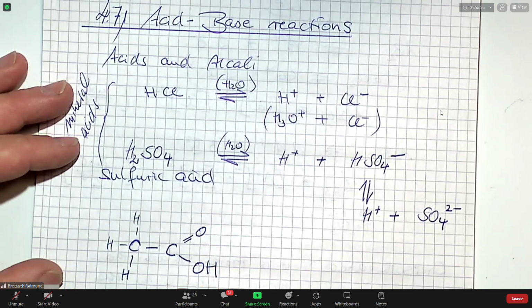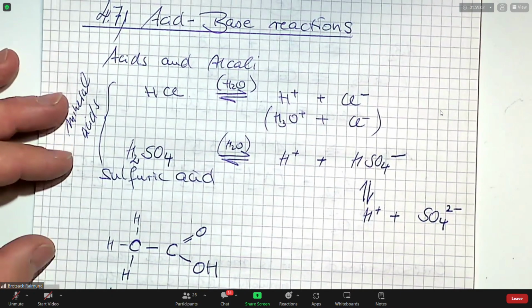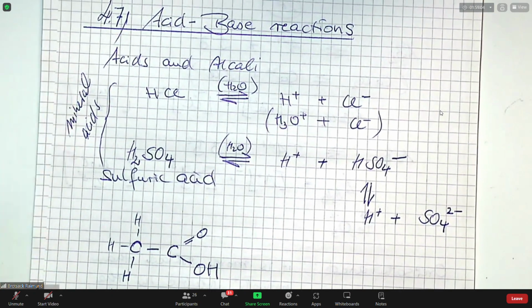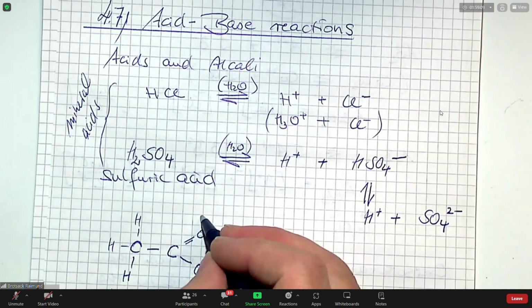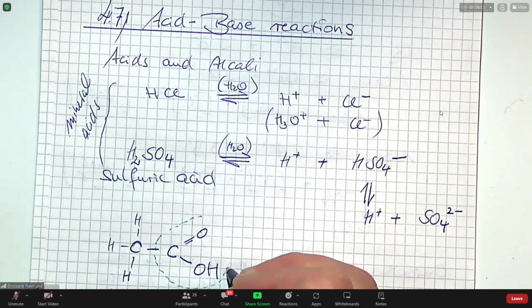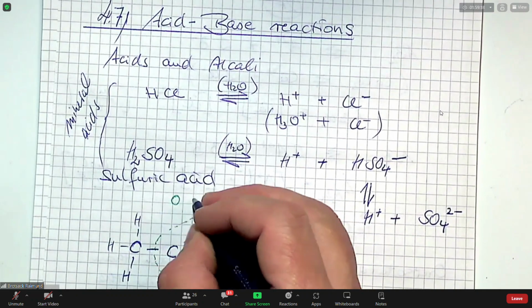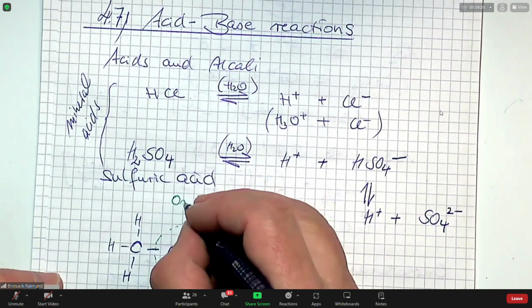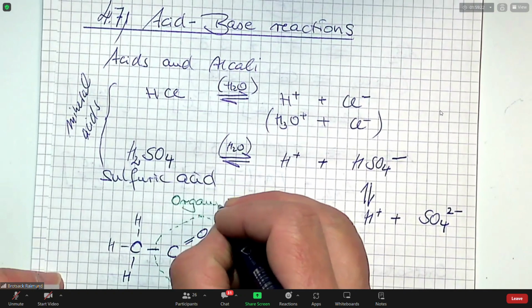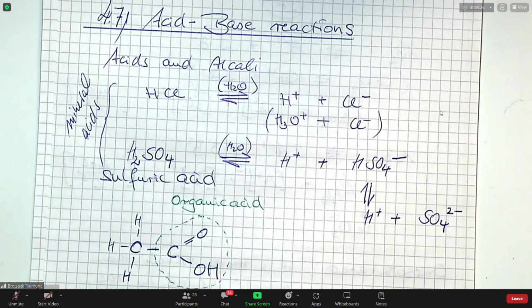That's acetic acid. And this one is an organic acid. It's an example. And organic acids always have this part, COOH. That is the character of a carboxylic acid or organic acid.